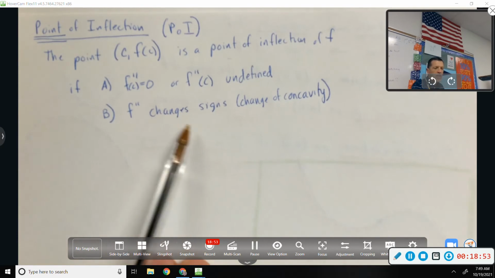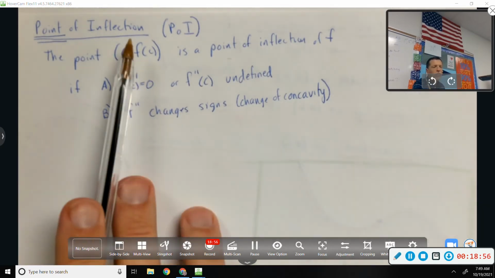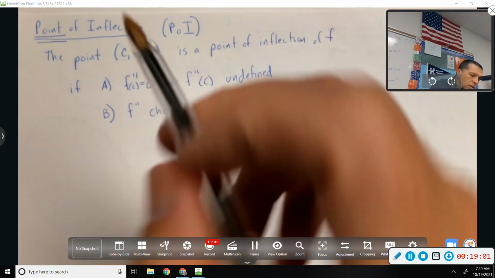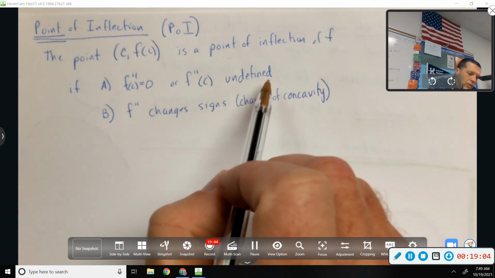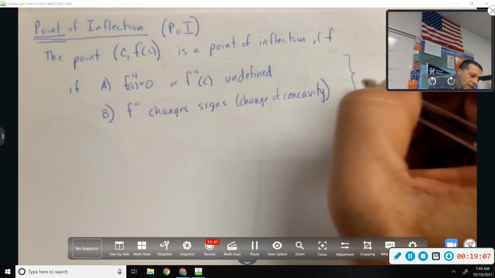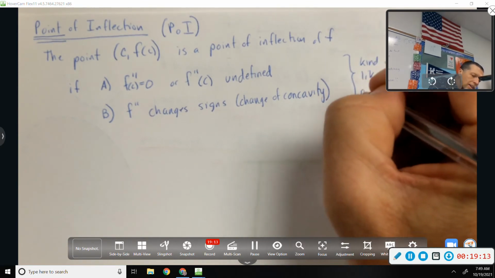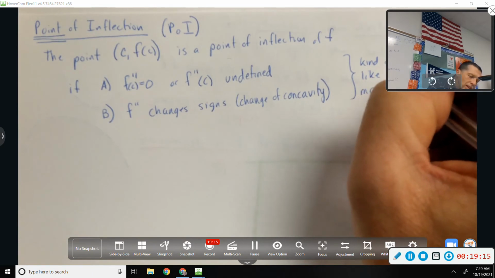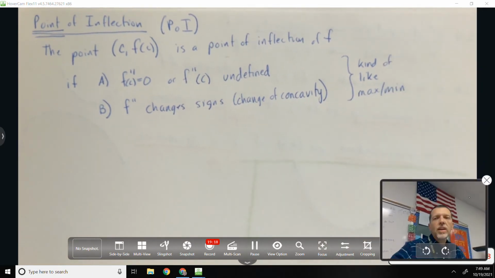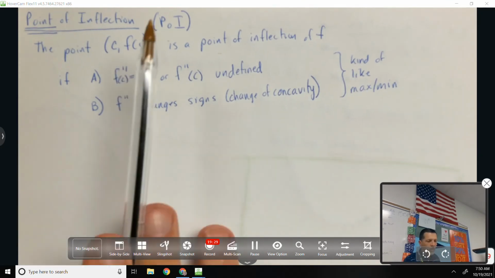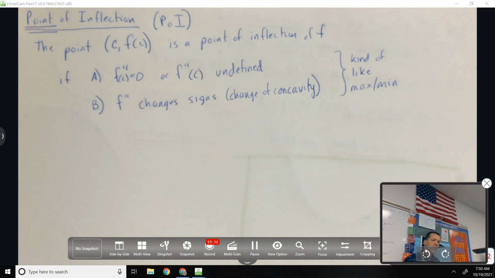It's kind of the same thing here, but in second derivative world, it's a point of inflection as opposed to max or min. It's that same thought process of finding the critical numbers and then checking to see where they change signs. But in first derivative world, those are maxes or mins. In second derivative world, they're called points of inflection, where something changes concavity.